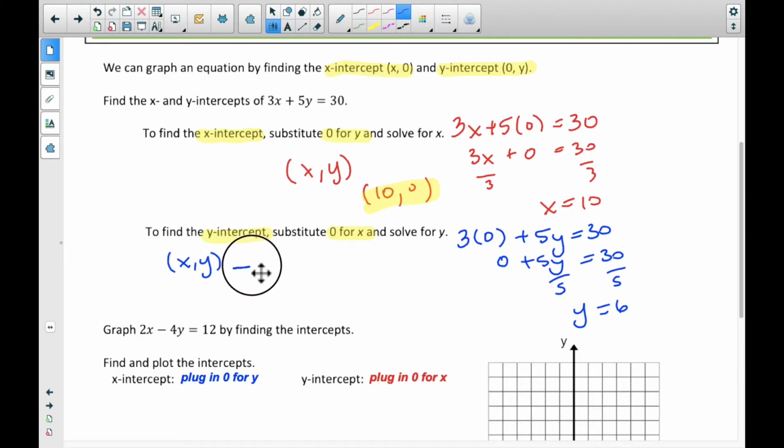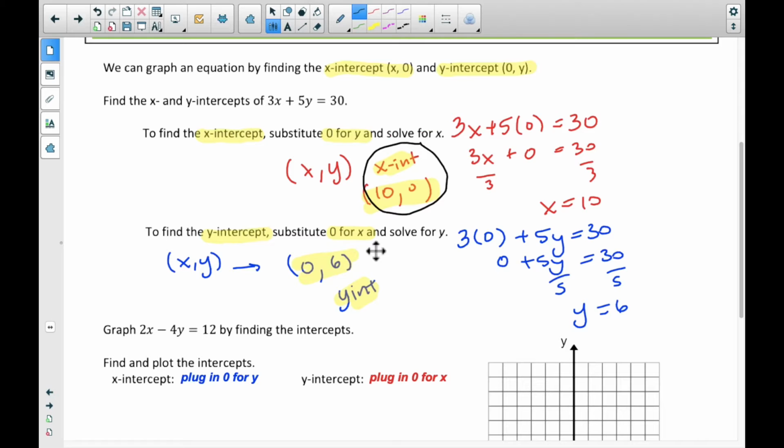So this x, y coordinate is going to be 0 because that's what I plugged in for x, and 6 because that's what y equals. And so that is my y-intercept. I went ahead and labeled this as my x-intercept and this as my y-intercept. So that's how we find intercepts. We plug in a 0 for the opposite letter.